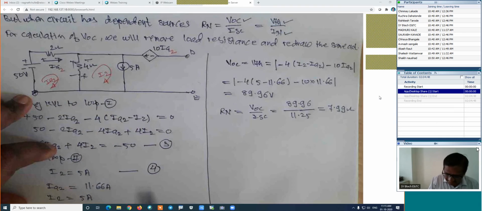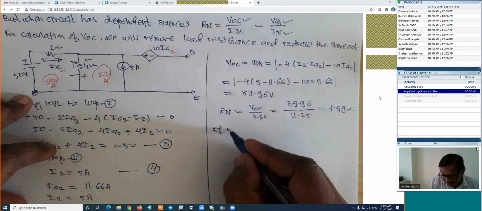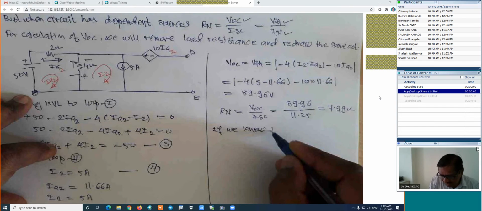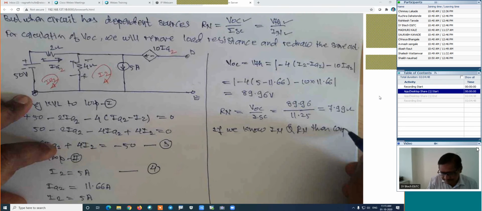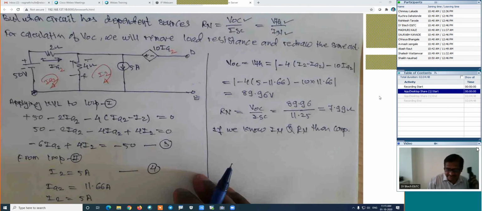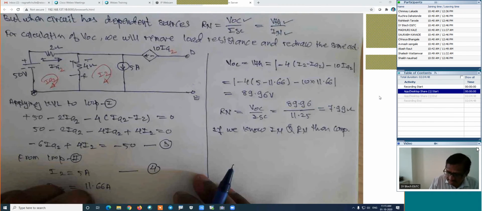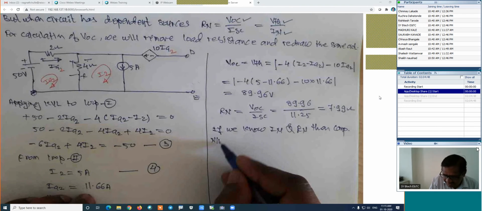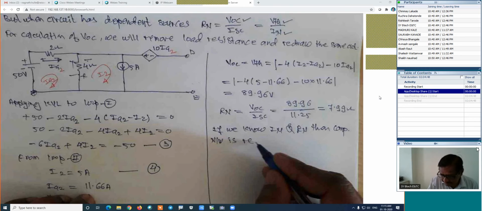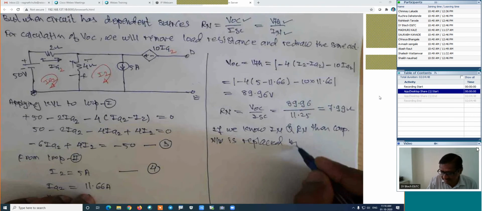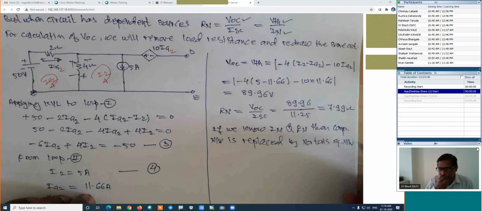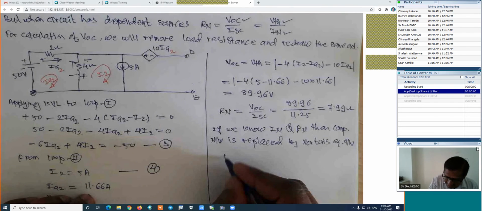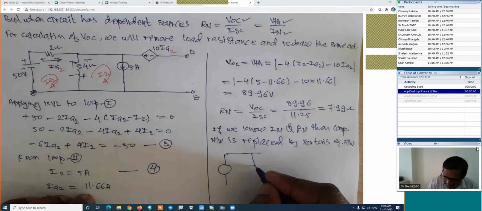Now here, if we know the In and Rn, then the complicated network is replaced by Norton's equivalent network. This is right. How is the Norton's equivalent network? This figure is the Norton's equivalent network.